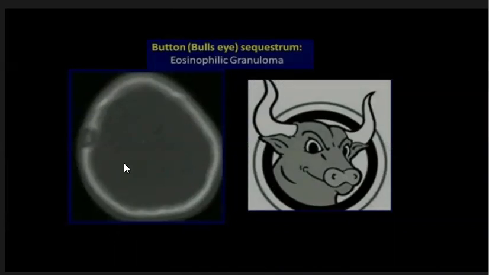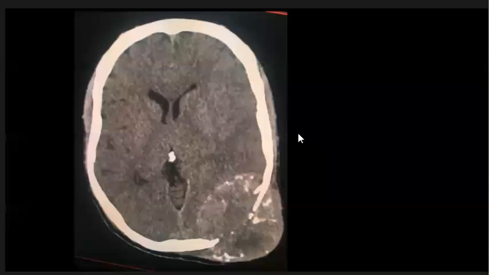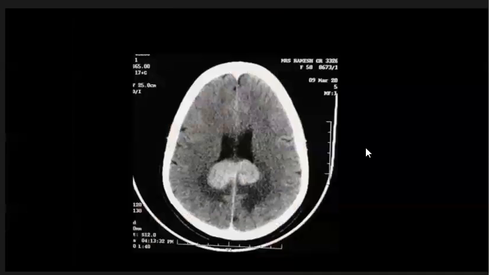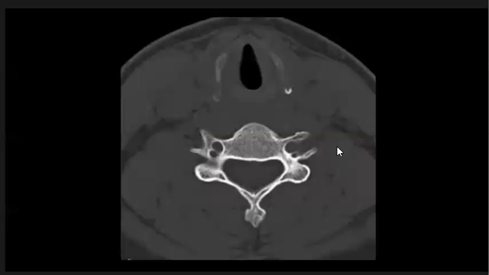Here, patient with eosinophilic granuloma with bull's eye sign or button sequestrum sign, as we see here. Here, patient with metastasis. Here, patient with enhancing lesion in the splenium of the corpus callosum due to lymphoma.